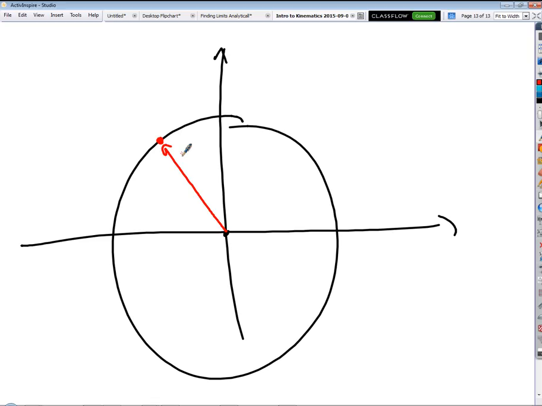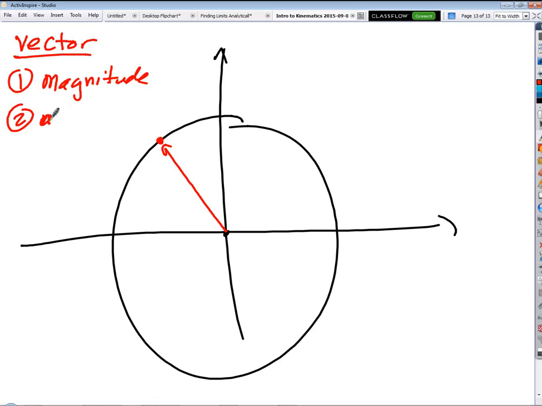Vector quantities are very important quantities in physics. They carry more information than other quantities that don't need a direction. A vector always has to have these 2 pieces. It always has to have a magnitude and a direction.